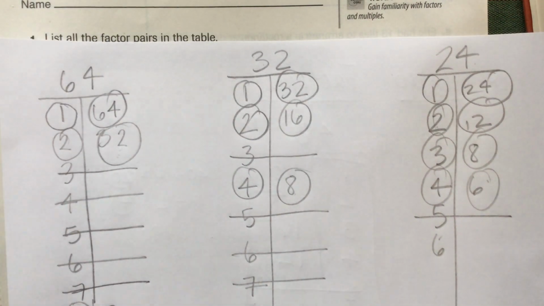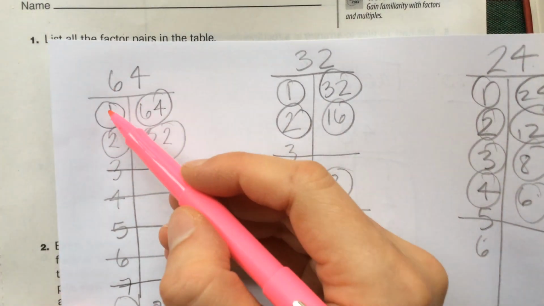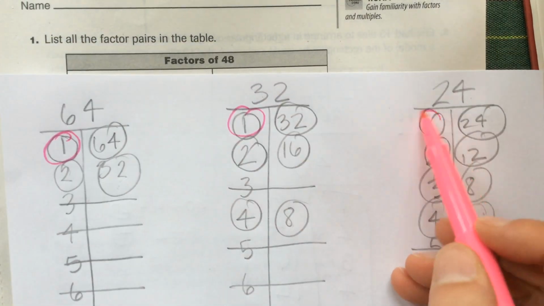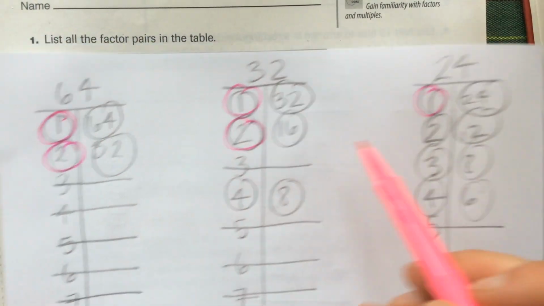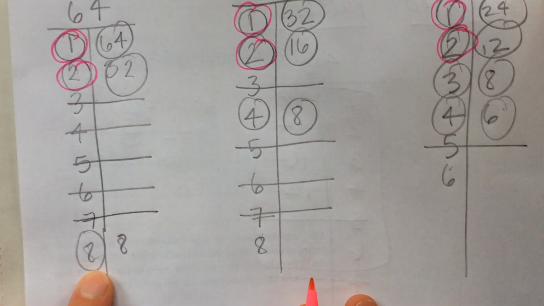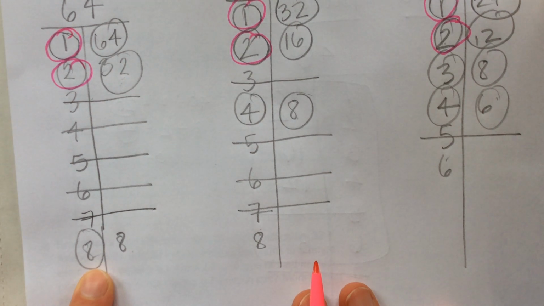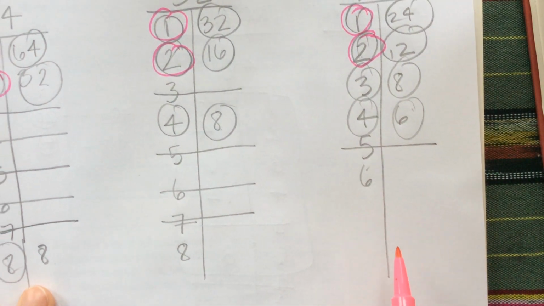So we need to find common factors here, and I can't seem to find my highlighter, but I'm going to use this pink. So 1, 1, 1 shows up in all of them. 2, 2, 2 shows up in all of them. Gets trickier here. 8 shows up here, here, but not here. Oh, no, it does here.